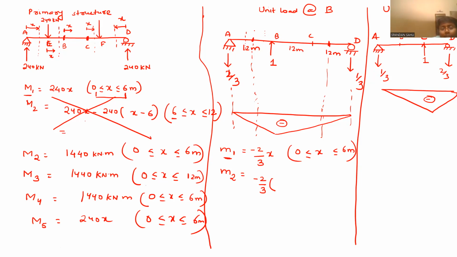And your x is taken from point E to B, meaning x is varying between E to B. E means 0, B will be 6 meters. So 6 minus x. Now you tell me, what is the lever arm for this 2/3? Yes, sir. Yes.